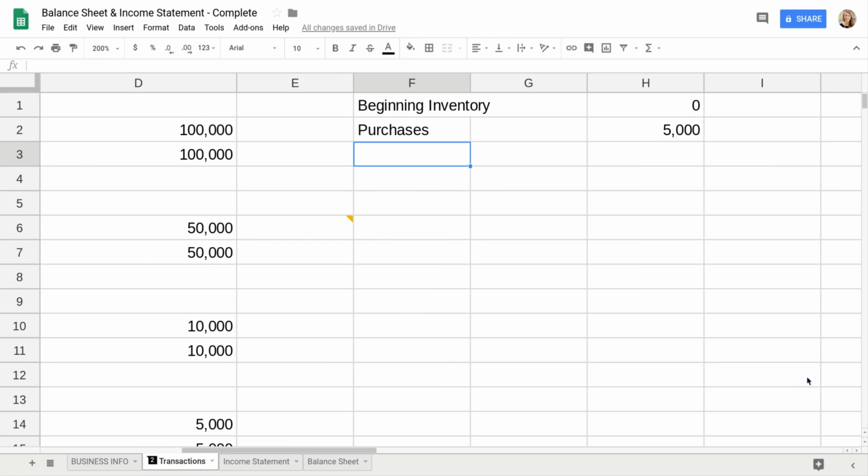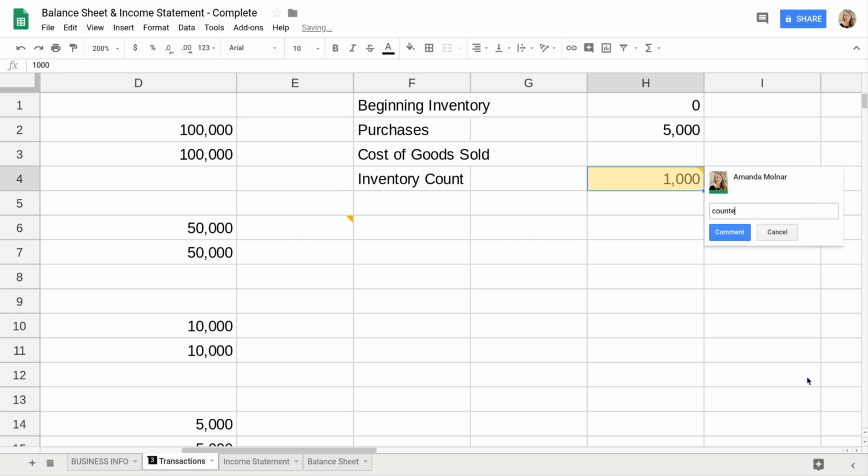And then I know we may have counted at the end. So we've got our cost of goods sold and then inventory count. So let's assume we counted all of our inventory and we have $1,000 worth of inventory left. This is a physical count, which means we went into the restaurant and counted all of our stuff left over, like this much pepper and this many apples.